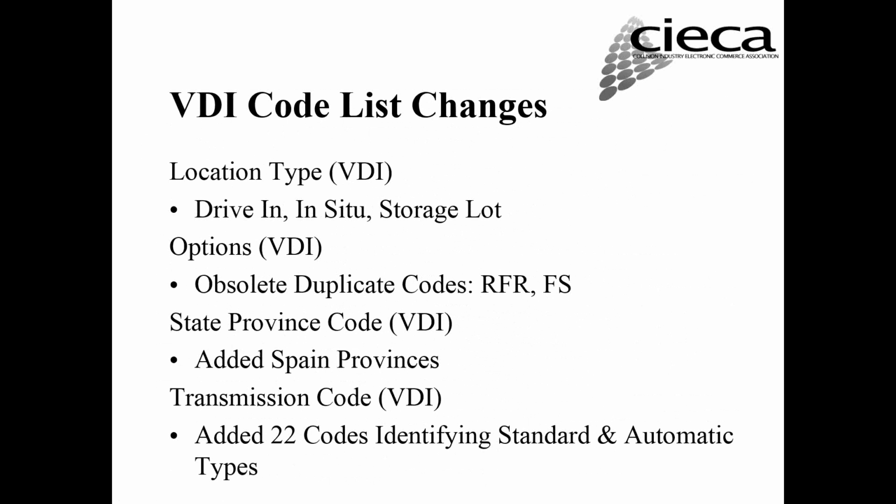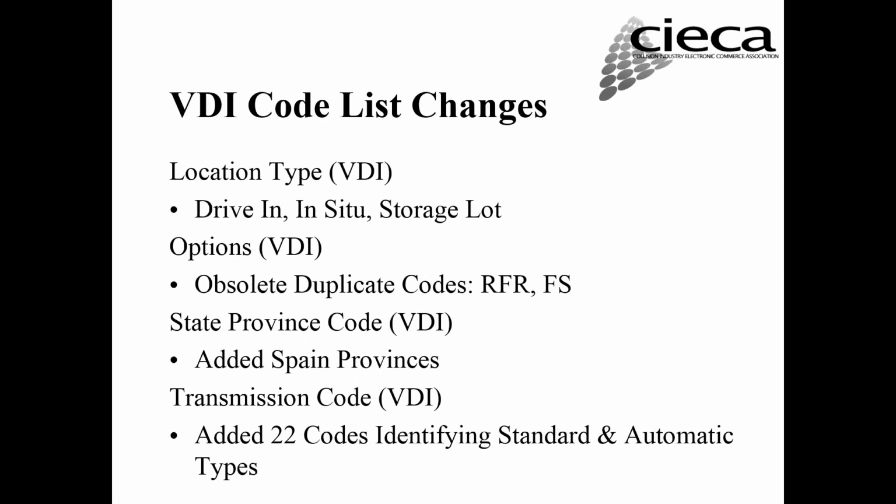CDI's code list changes included adding to location type a drive-in location type, in situ, and storage lot. Options were added to VDI. We found some duplicate codes and obsoleted them.